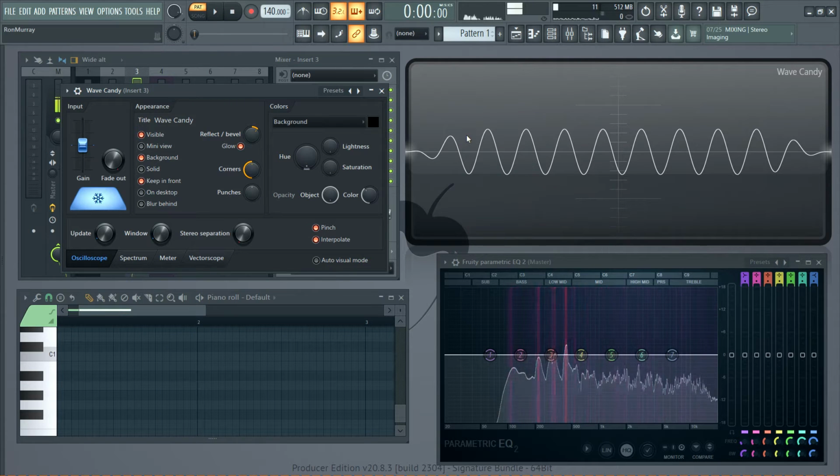If I freeze the wave candy, you can see this in action, actually. So it's like it took a picture of the waveform. And here you have 1, 0, -1, 0, and it repeats like that. It oscillates, if you will.